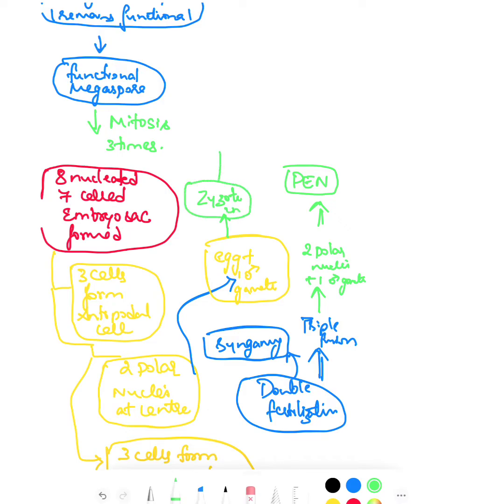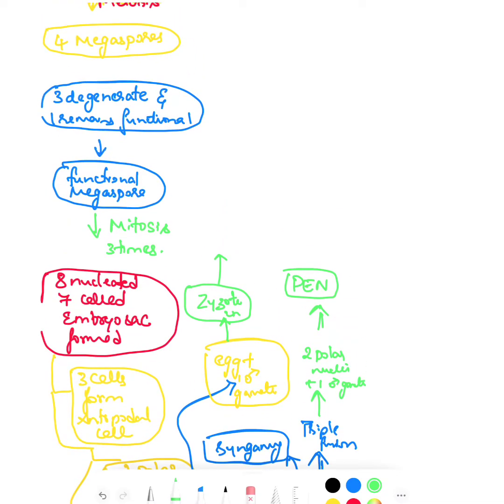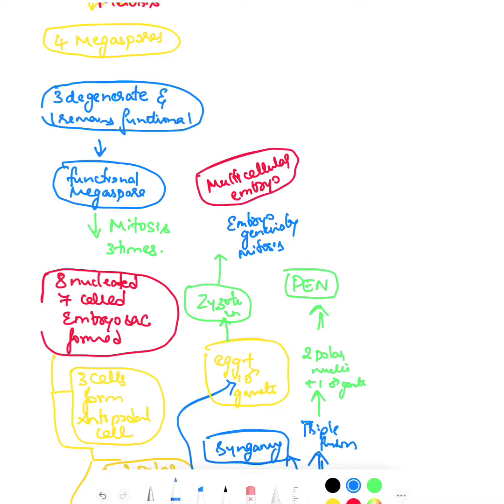Then the zygote will undergo embryogenesis by mitosis, and it will lead to the formation of a multicellular embryo, and also from the zygote there is the formation of the suspensor, and then it forms a plant.